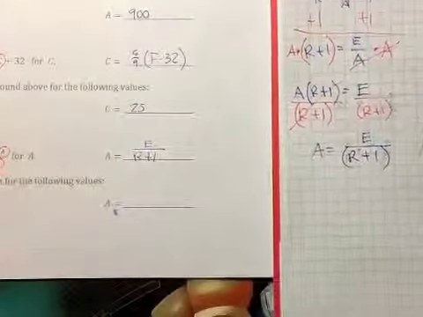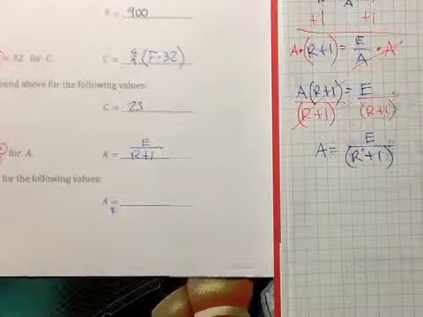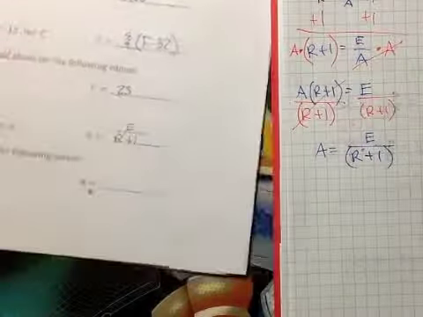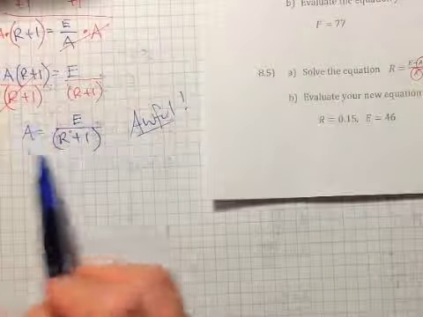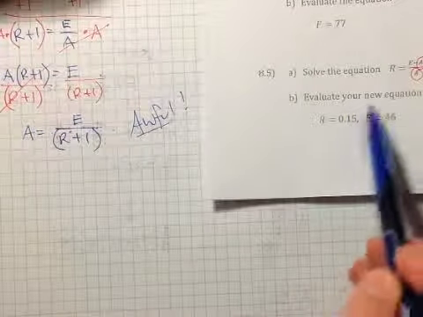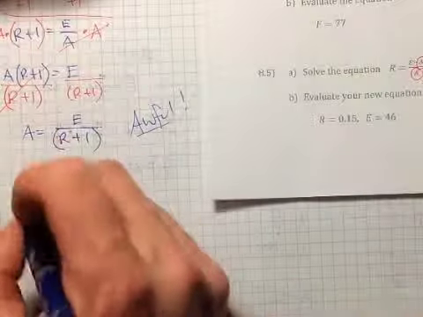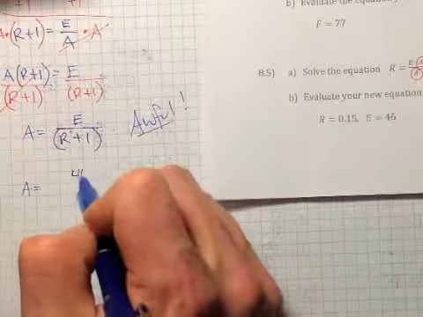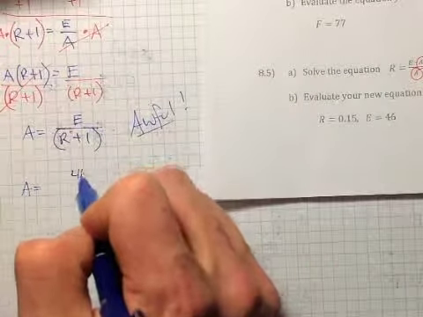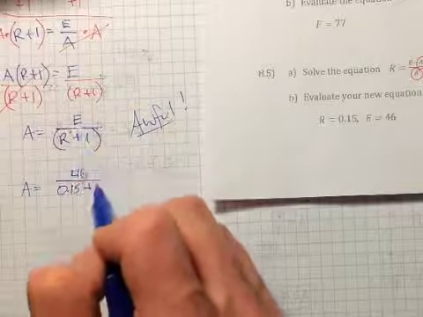Instead of all this. Now, our final task is to evaluate this equation for these values. So we're going to find that A is equal to E, which is 46, R is 0.15, and then we're adding that 1.